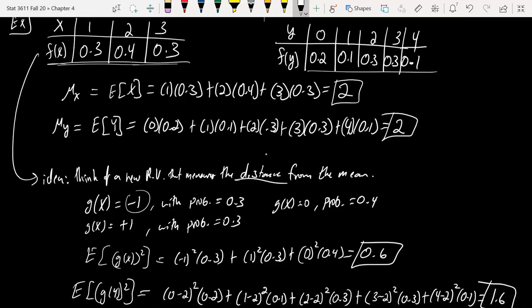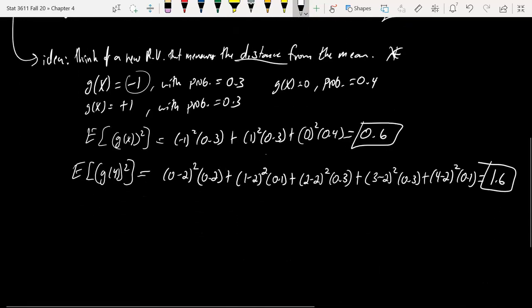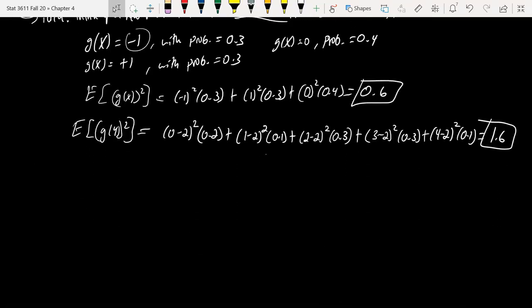This spread, the computation we just did, is called the variance of your random variable. All it is is computing an expected value of a new random variable, one that measures the squared distances you can take on from the mean. That's all it is. Let's write down the formal definition of variance.